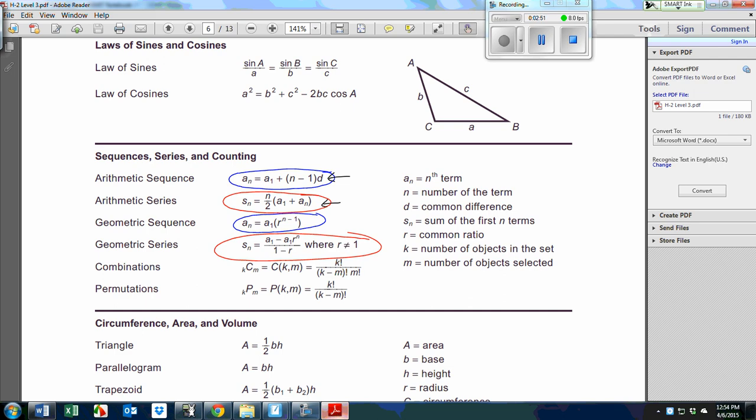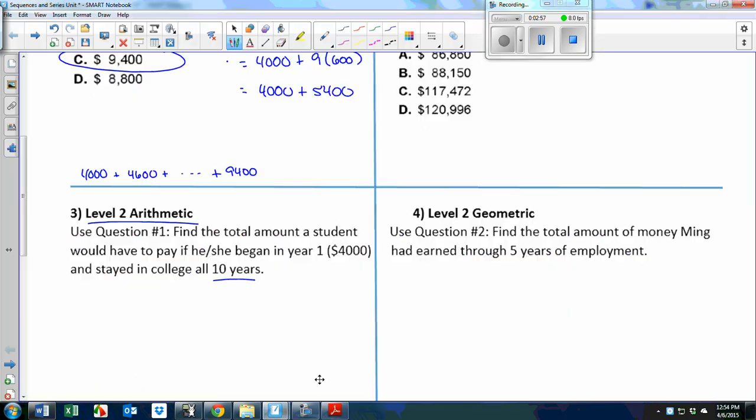S sub n equals n divided by 2 times parentheses first term plus last term. So with symbols, that'll look like S sub 10 equals 10 divided by 2 times first plus 10th. And we've got the first term, 4,000.